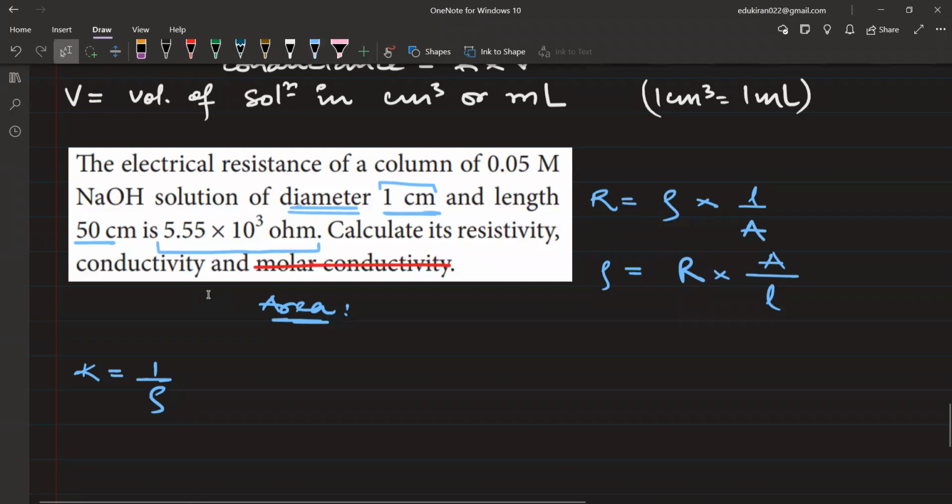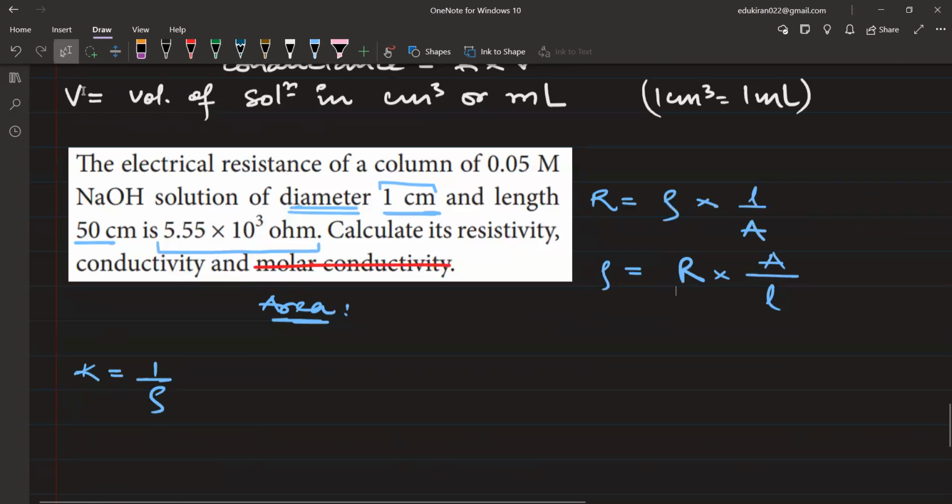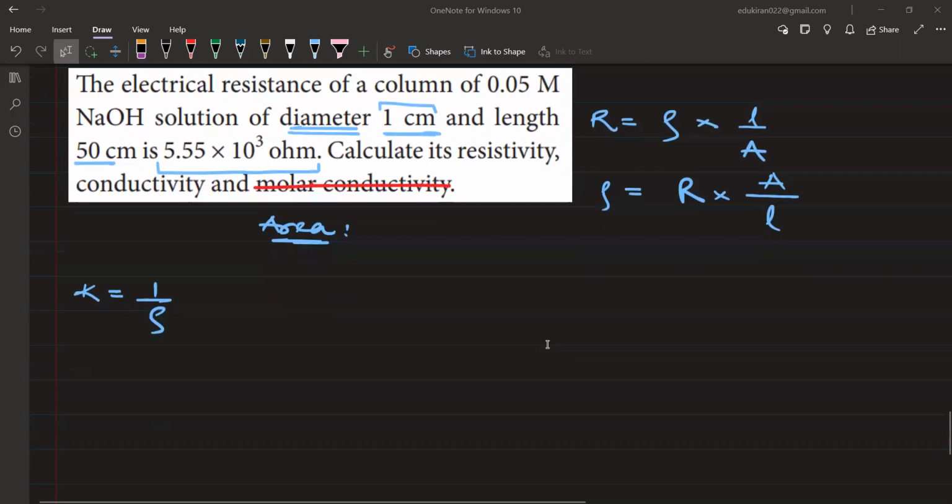I think ऊपर में हमने कुछ गलती लिखा है. नहीं नहीं, सही, this will be r into a by l. एरिया आपको उतना आ रहा है, हमने तो आपको बोला था ना डेसिमल में नहीं करने के लिए, उसको फ्रैक्शन में रखने के लिए. 0 पॉइंट आ रहा है कुछ, I think that is fine. सही है, that is fine, लेकिन ट्राई कीजिए कि उसको आप इसमें रखिए, हमेशा फ्रैक्शन में ही रखिए.